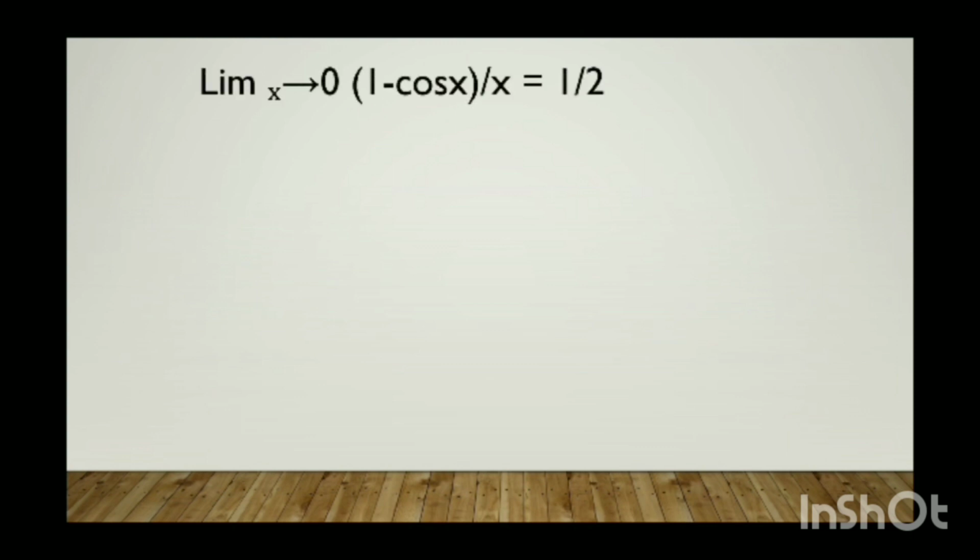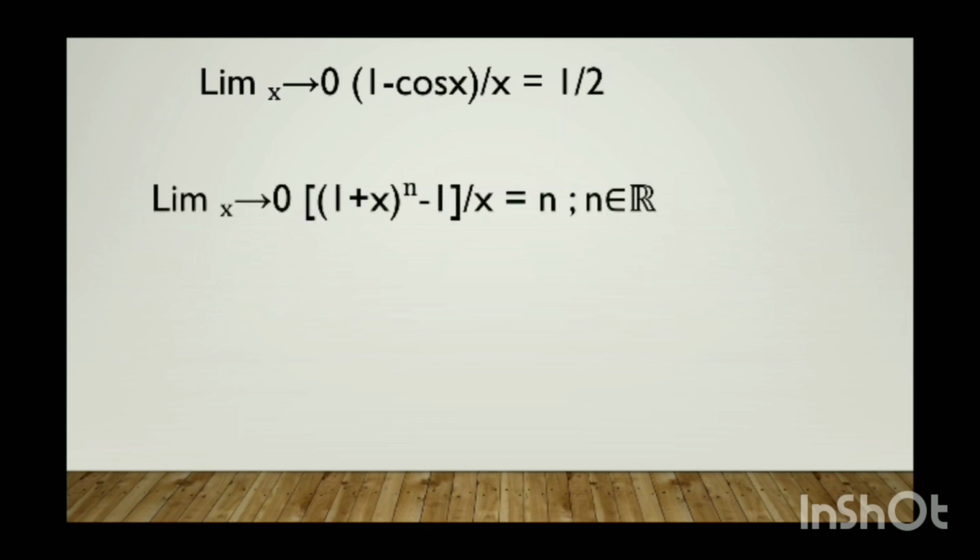I continue with the standard limits. The limit as x tends to 0 of 1 minus cos x on x squared is half. The limit as x tends to 0 of 1 plus x, all raised to the power n, minus 1, all divided by x is equal to n, which is the power.